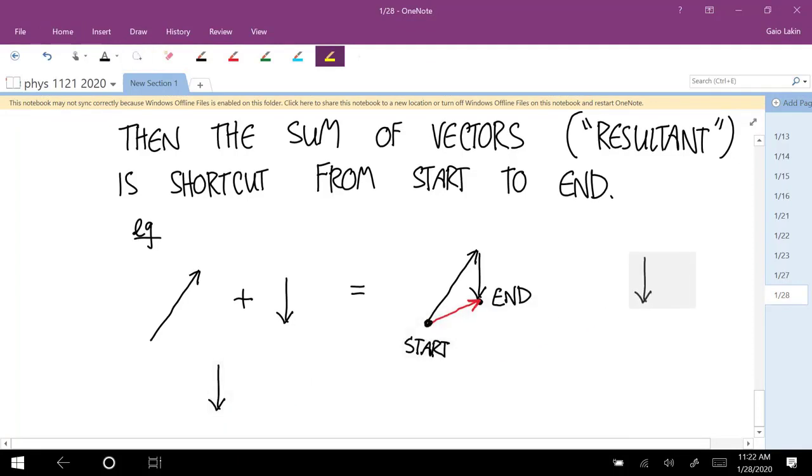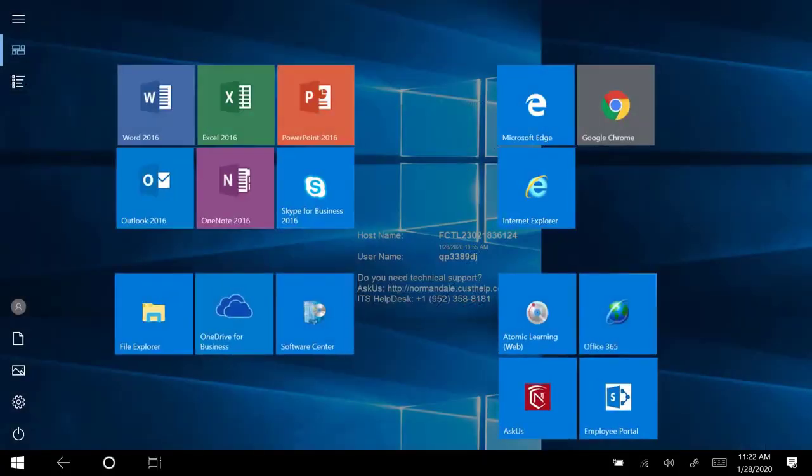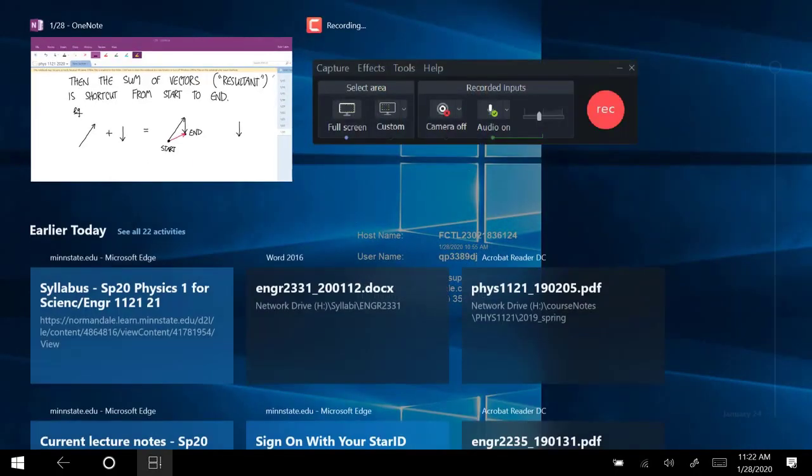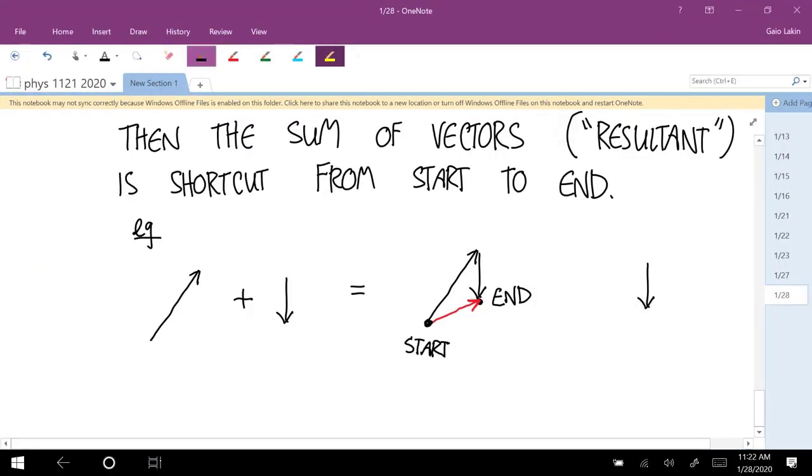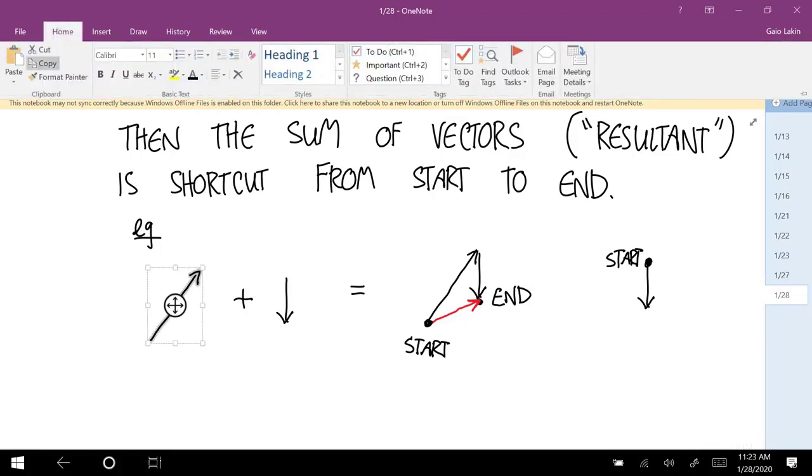So let's say that instead this is the start point. And then that takes us a little bit lower, and then from there we take this leg of the journey.